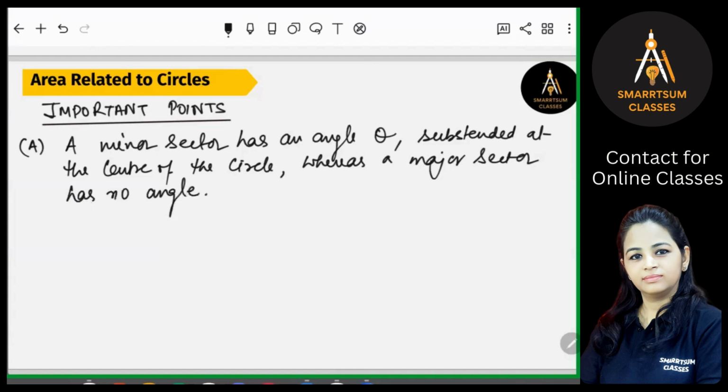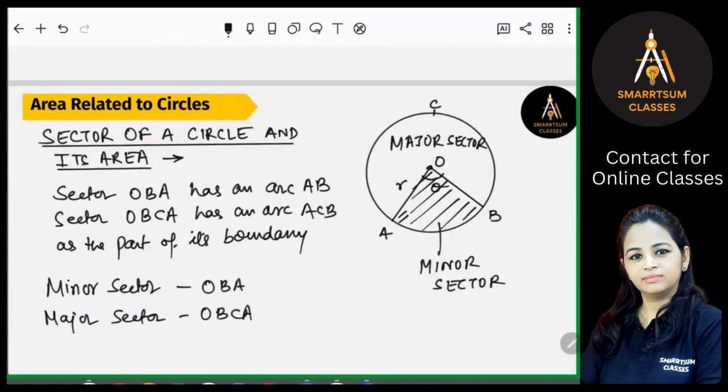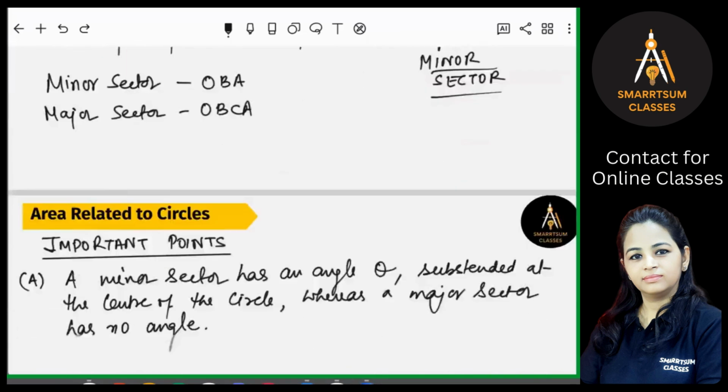If you can see in this diagram, this minor sector is subtending an angle theta. You can see here, this is the angle theta, which this sector is subtending at the point O, the center. Whereas the major sector is not subtending any angle here. So these are certain important points which we have to learn.